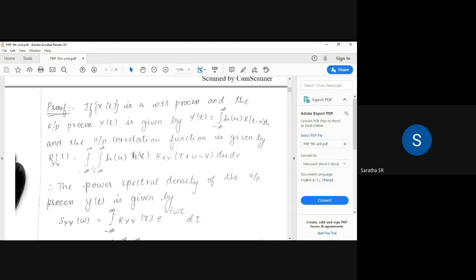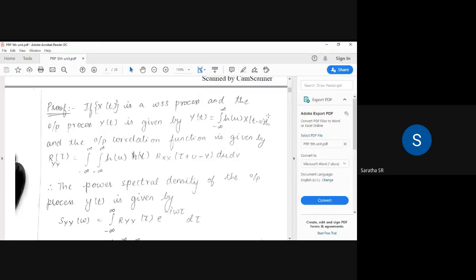If we do this, we multiply these two terms. For t plus tau we get t plus tau minus u. So multiplying, we get h(u), and for the Y(t plus tau) function we take the system transfer function as h(v). Multiplying h(u) into h(v), the remaining terms are X(t minus u) into X(t plus tau minus u).